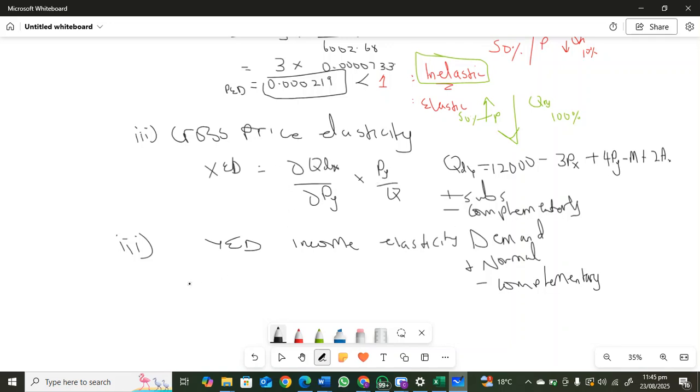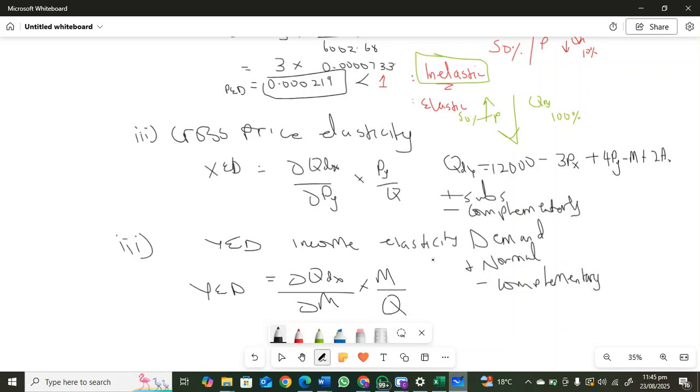Even with this one, you're just deriving your demand function with respect to M. The partial derivative of Qdx with respect to M, multiplied by M over Q.